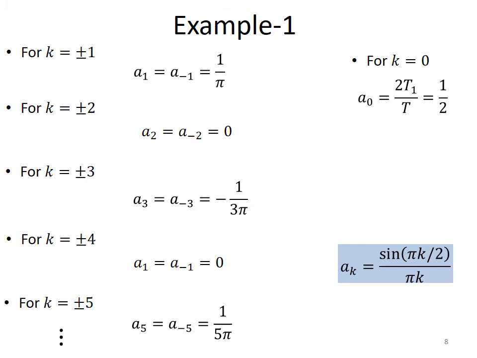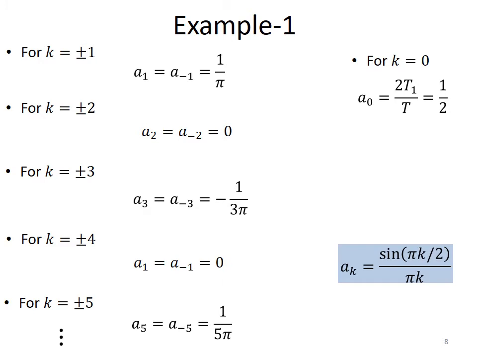Similarly, put k equal to minus 1. Sine of minus 90 is minus 1, and it is divided by minus pi because k is minus 1, so it's again 1 upon pi. So for k equal to plus 1 or minus 1, the values of a1 and a minus 1 are 1 upon pi.